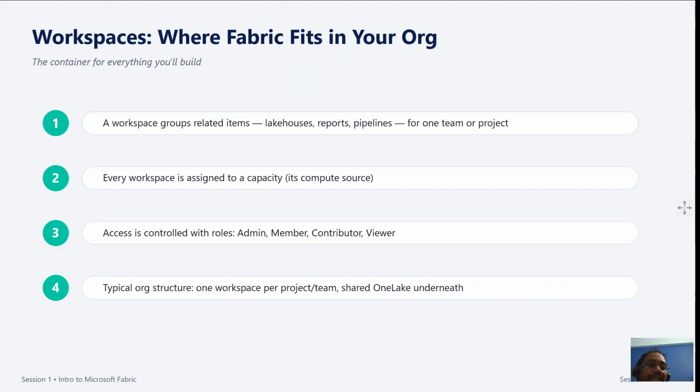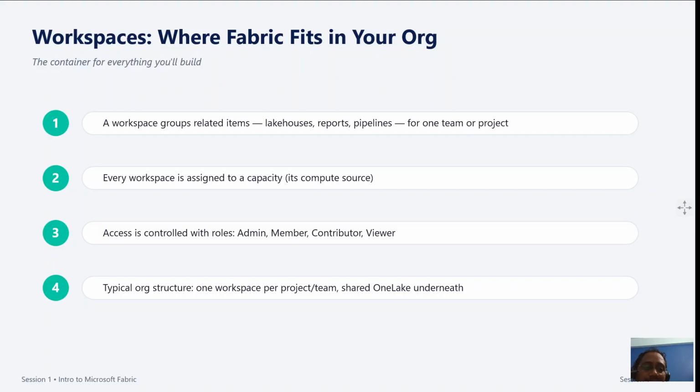Every workspace is assigned to a capacity. Please keep in mind, capacity we just discussed. Access is controlled with multiple permissions or layers. Admin has the topmost privileges, with full control, including managing who else has access.